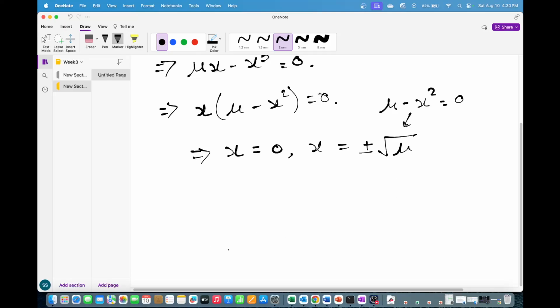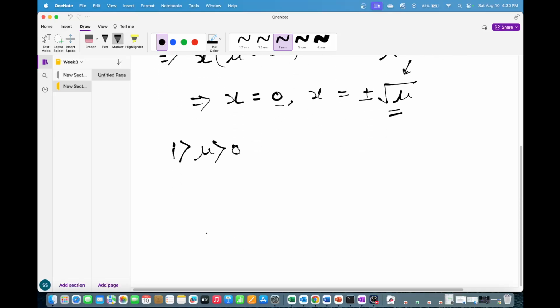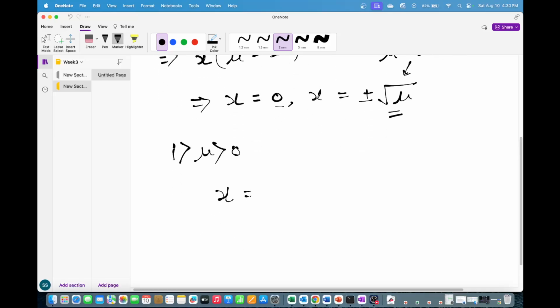Now x equal to 0 is straightforward. Now let's check how x depends on different values of mu for the steady state. First condition: if mu is greater than 0, there will be two roots, x will be root mu and minus root mu, because mu is greater than 0.